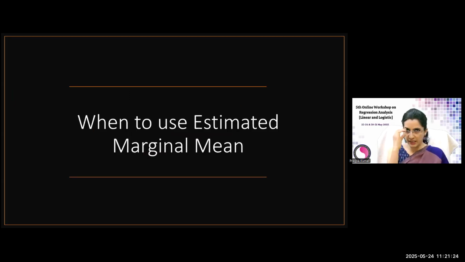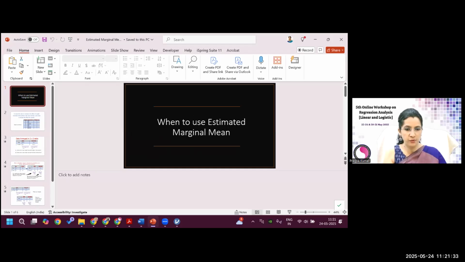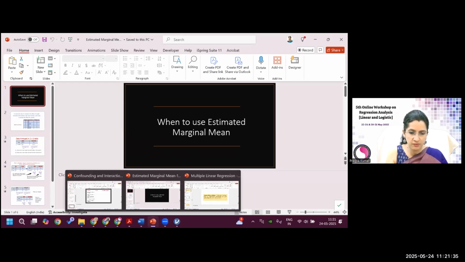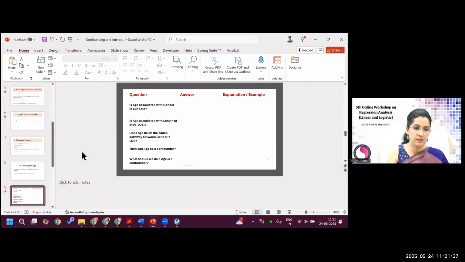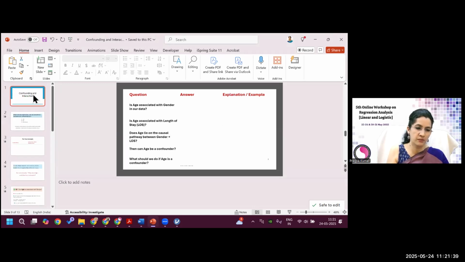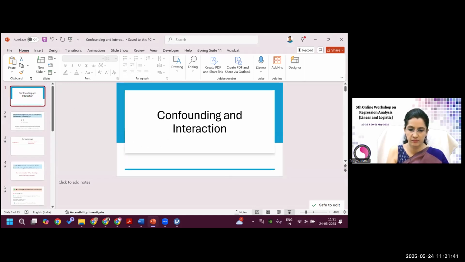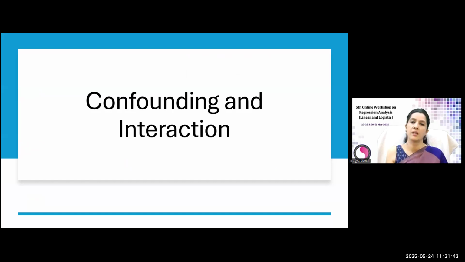So coming to that, generally, in case of controlling, okay, I think before that, I should tell you the concept of confounder and interaction. So before that, let me take the session on this confounder. Then I'll tell you that. So there are two phenomena, basically in epidemiology, whenever we are trying to see the relationship between a predictor and a dependent variable.